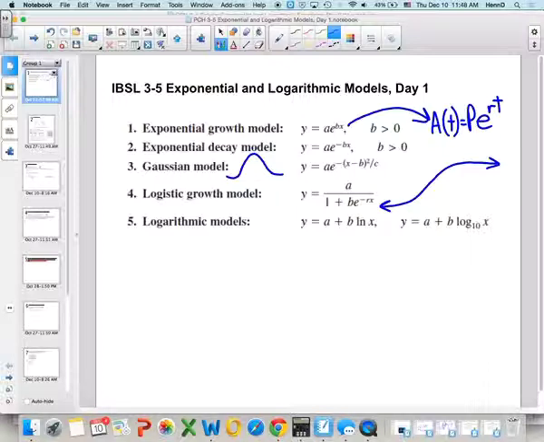One might be, let's say you're the security chief for like Sun Life Stadium, okay? And you've got to make sure that security is ready to handle when people get there, okay? For a game. Well, check this out. You're going to have people who get there super early for the game, but not very many, right?